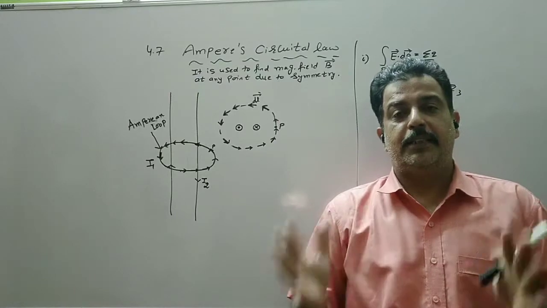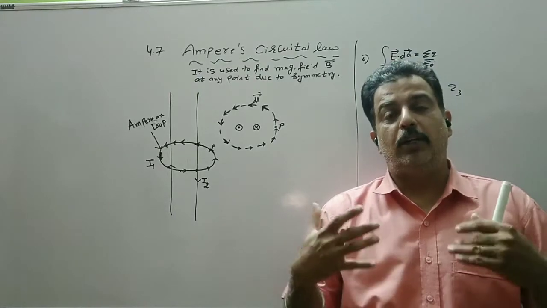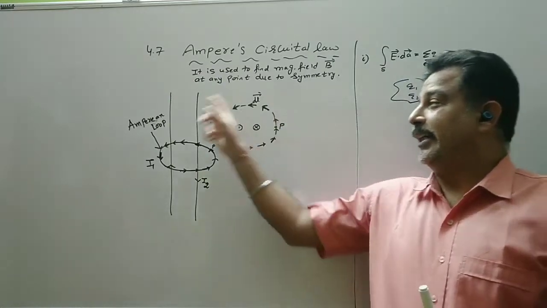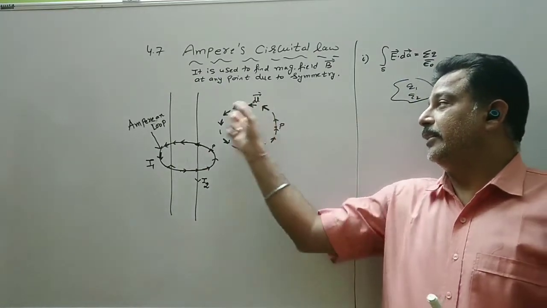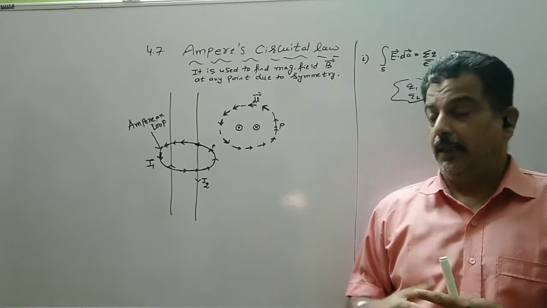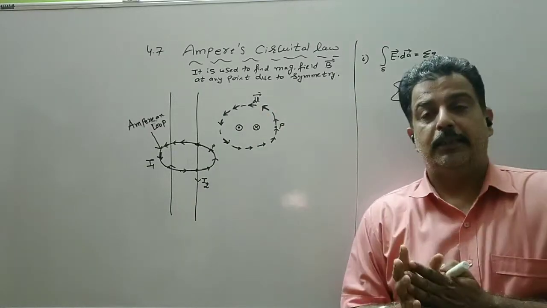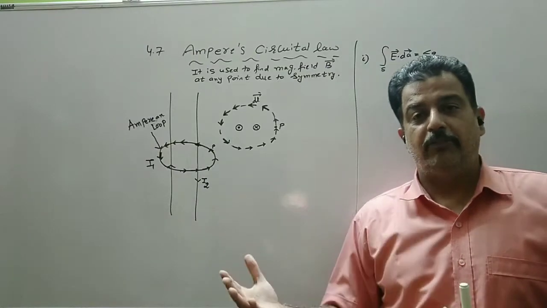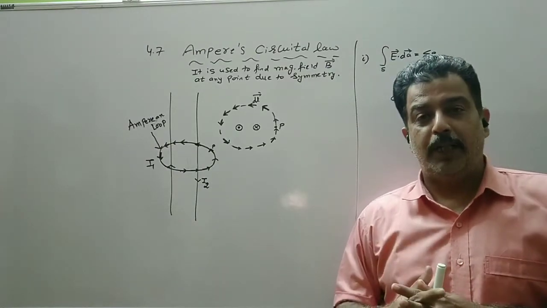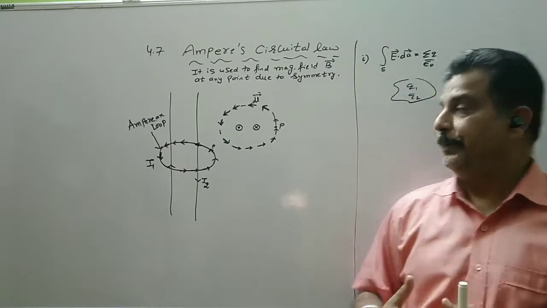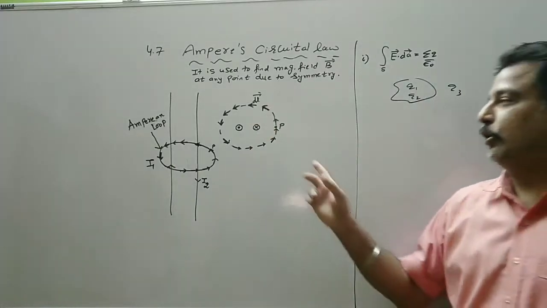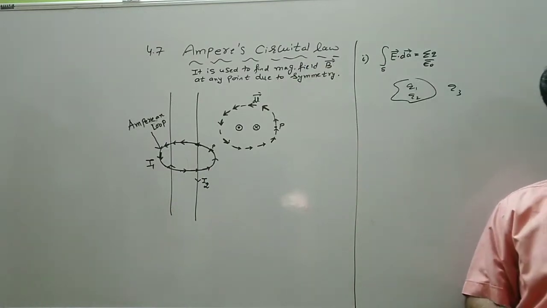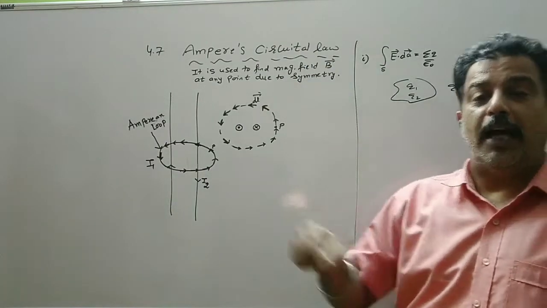So if a system consists of more than one wire, here we have two wires, while dividing this loop into line elements, the direction of the line element can be taken as per our choice. If we have one wire, the case is very simple. We will see that also. So in this situation, I have divided this Amperian loop into small line elements. Now, I do the line integration.